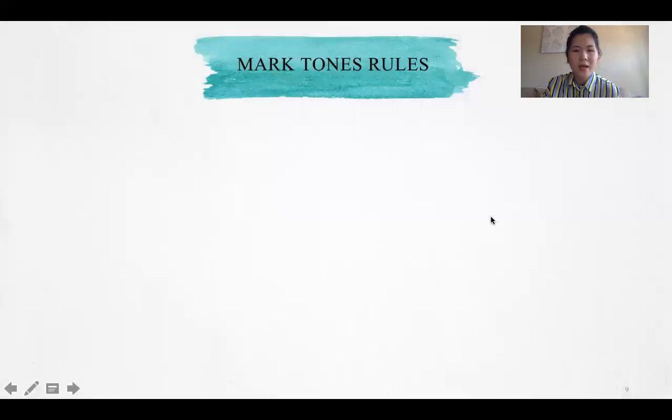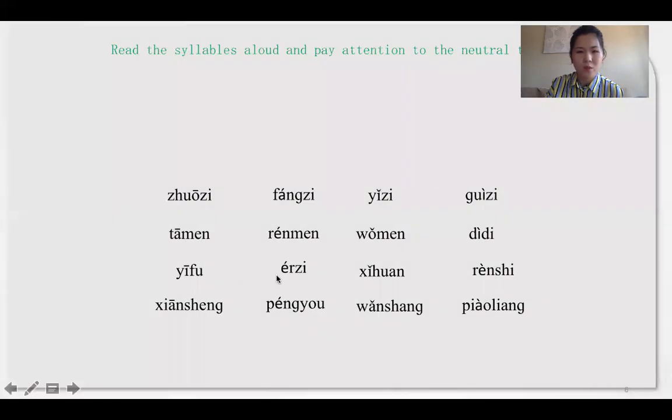Okay. And then today we're also going to talk about some tone mark rules, like for example, where do you put the tones on top? We know the tones are on top of the vowels, right? Or the finals. It's never on the initials, but which finals, which vowels do we put it on?